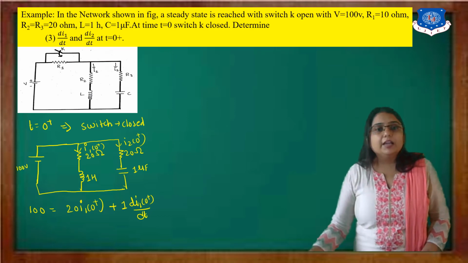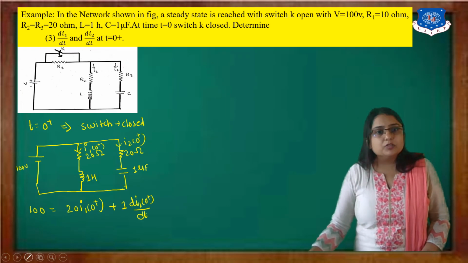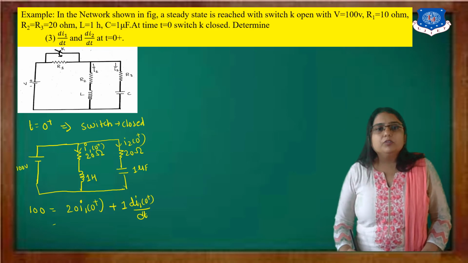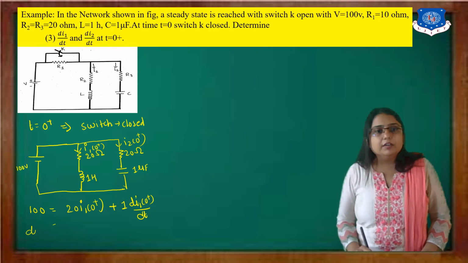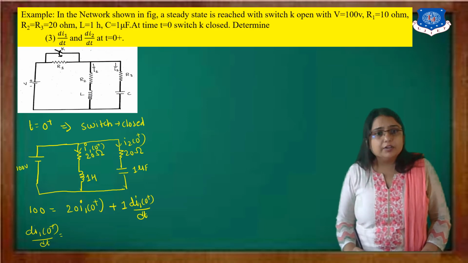And yes, we want to find out this di1/dt at t equal to 0+. And already we have the value of I1(0+), that is 10 by 3. So just substitute this value. So here we want to find di1(0+)/dt, that equals 100 minus 20 times I1(0+), that is 10 by 3.